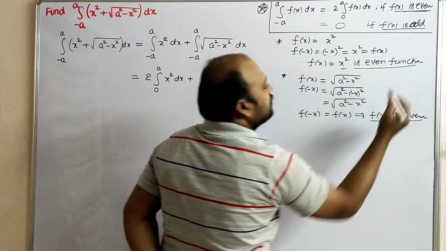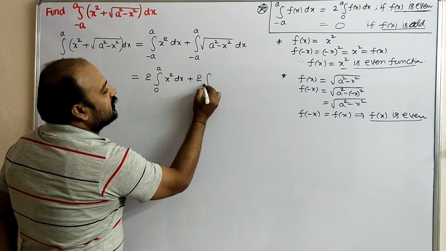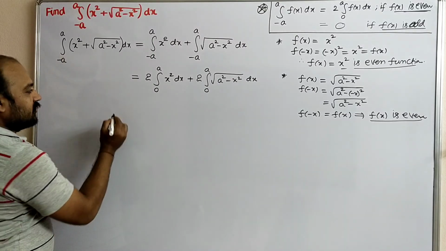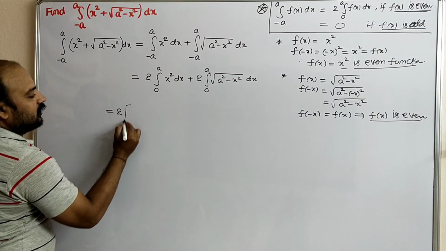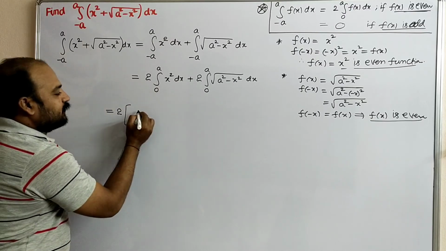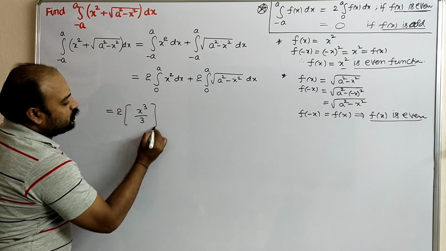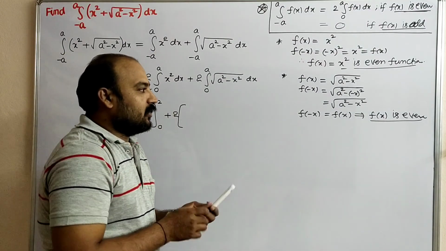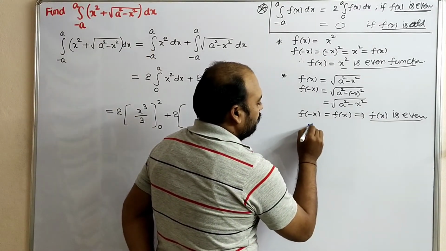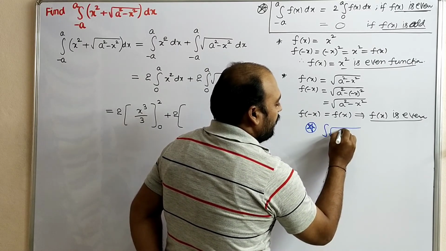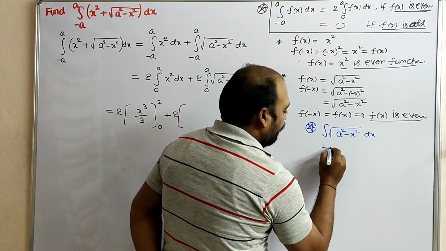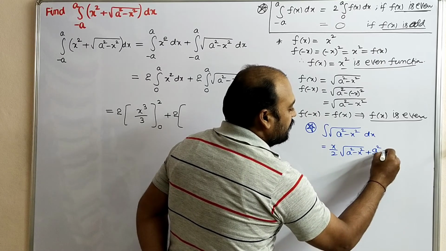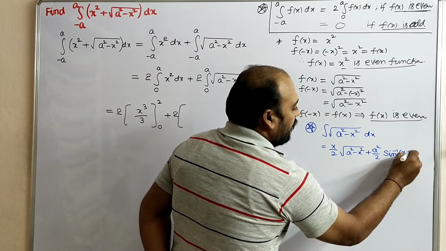Whenever we get an even function, we can express it as twice the integral 0 to a of square root of a square minus x square dx. So the integral is equal to 2 into the integral of x square dx, using the exponent formula, x power 3 by 3, applying the limits 0 to 2, plus 2 into, we have the formula, here I will mention that, integral of root of a square minus x square dx is equal to x by 2 into root of a square minus x square plus a square by 2 into sine inverse of x by a plus c.